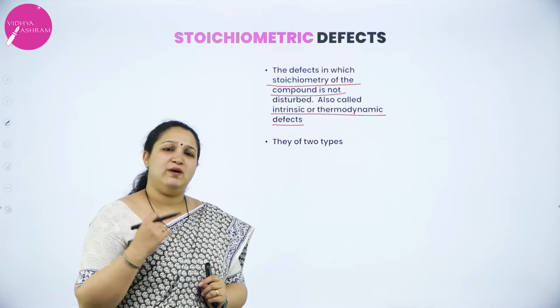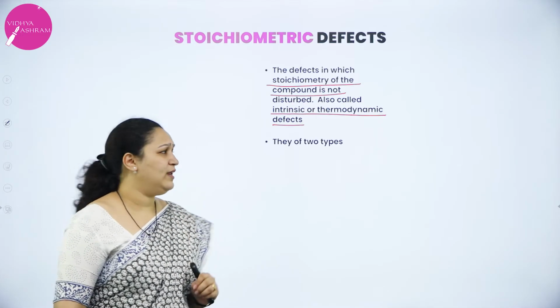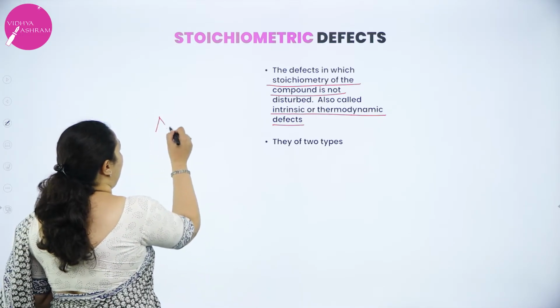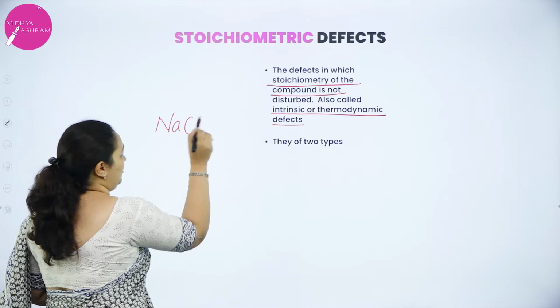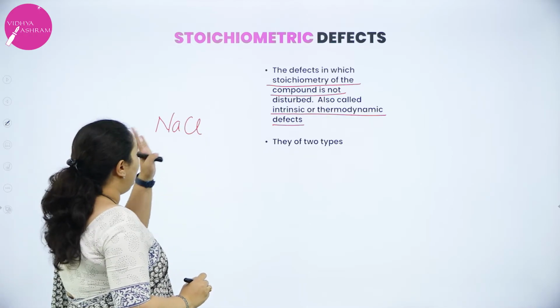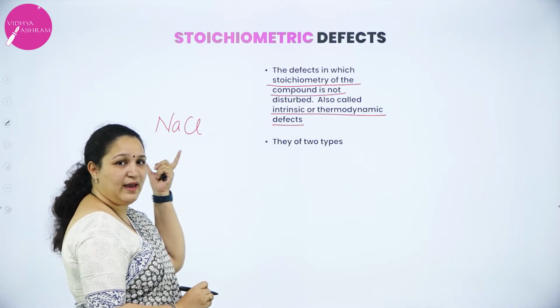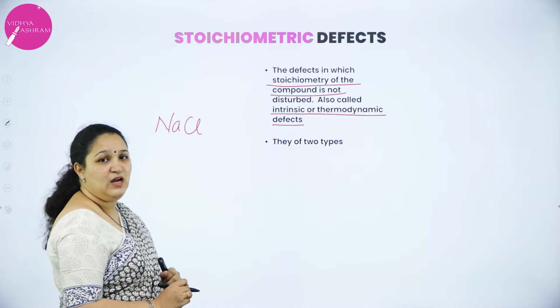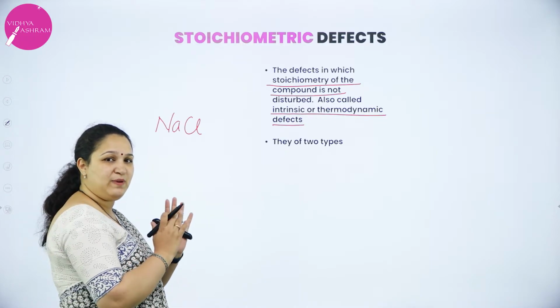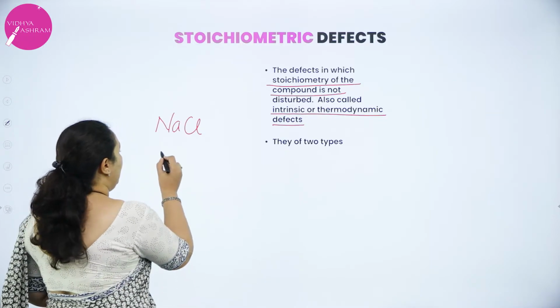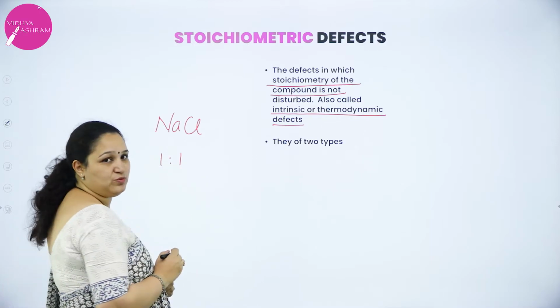Now, what do you mean by stoichiometry? For example, I shall take NaCl. We have Na plus ion and Cl minus ion to make the NaCl molecule. What is the ratio of Na plus ion to Cl minus ion? It is a 1:1 ratio.